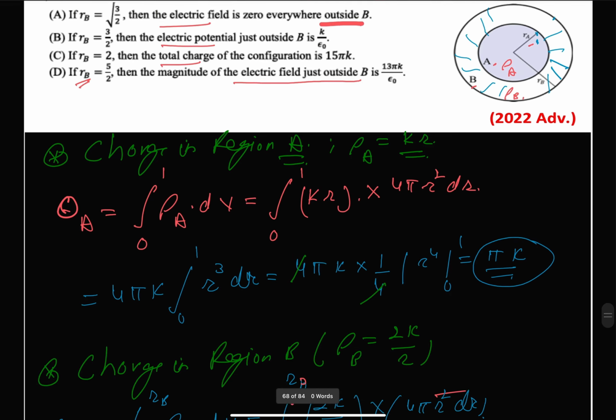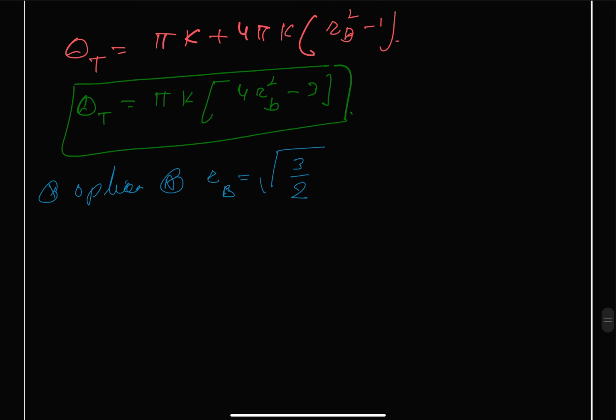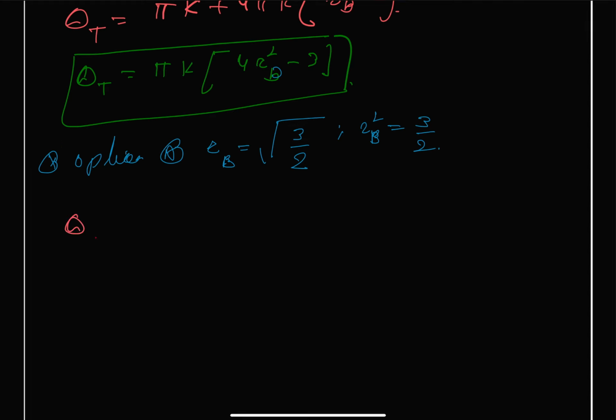So we require RB square, so we can say our RB square will be equal to 3 by 2. So our total charge QT will be equal to pi times k, and this comes as 4 multiplied by 3 by 2 minus 3, and this 2 cancels, so it comes as 6 minus 3, which will be equal to 3 pi k.